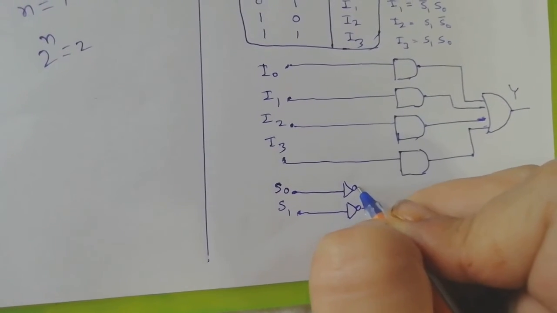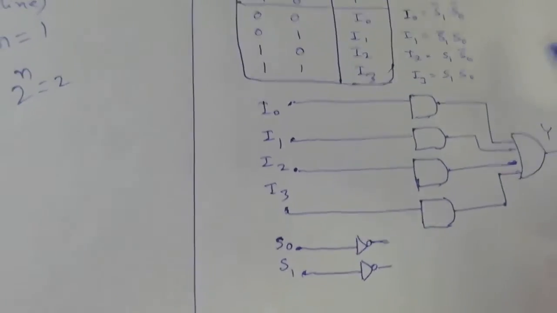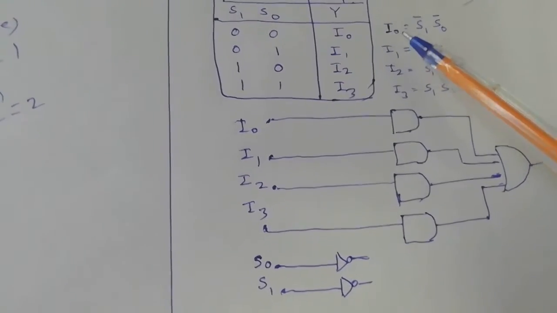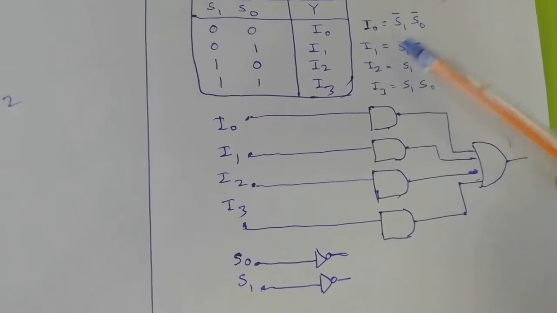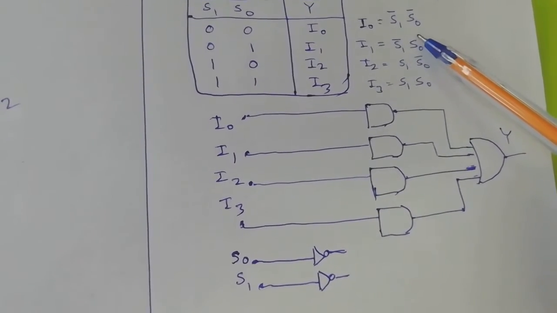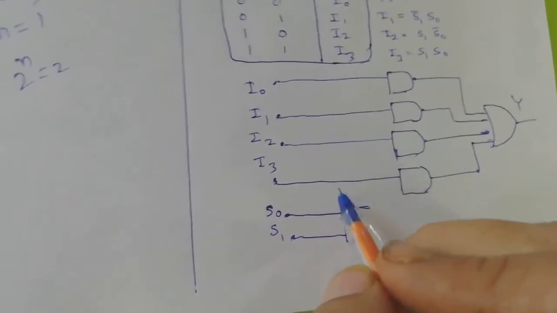Now let us take the help of what we had written here. For I0 we need S1 bar and S0 bar.